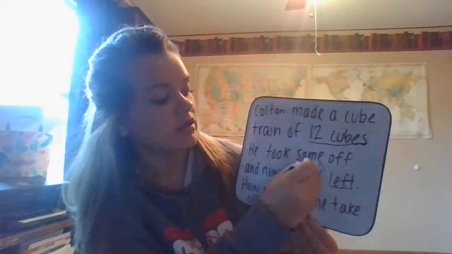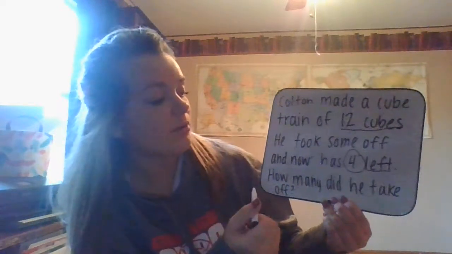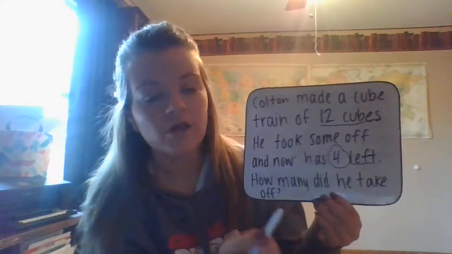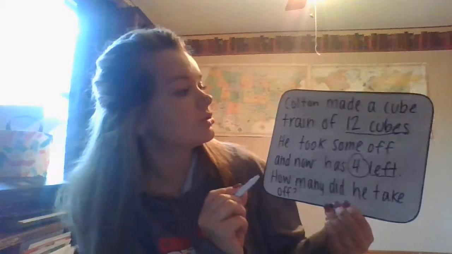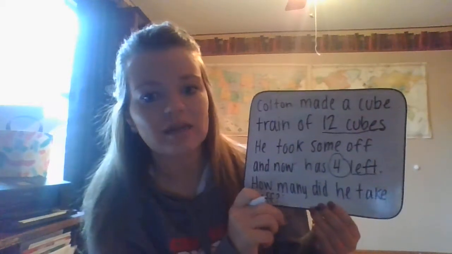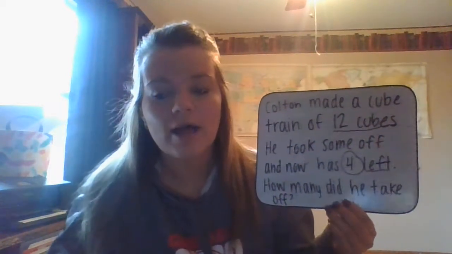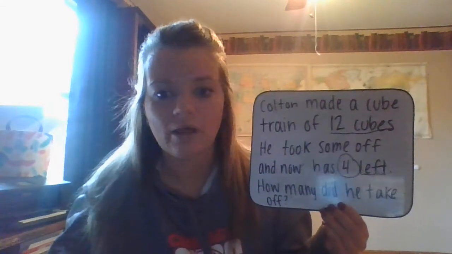I also see the number 4. Now they're asking us how many did he take off? So what's the first step that we need to do? If I know that he started with a train of 12 cubes, I'm going to draw a picture to show 12 cubes. I want you to go ahead and pause the video and draw a picture of 12 cubes.